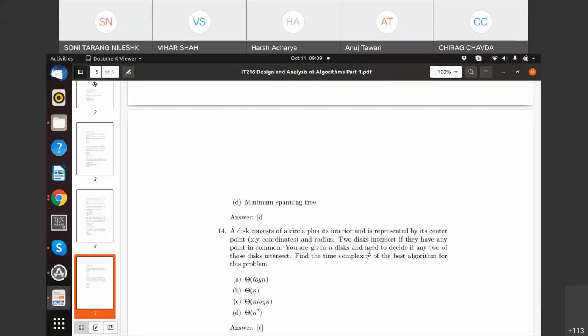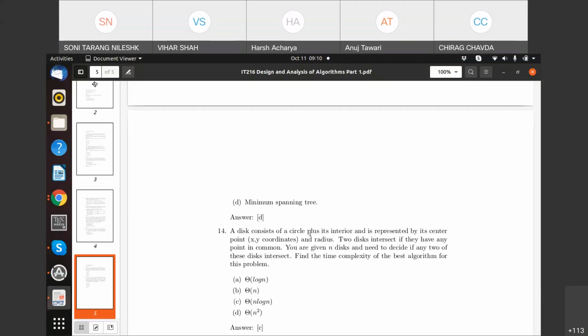You can use some kind of divide and conquer. So what we'll do is we'll find some vertical line such that half of the disks are to the left side of that line and half of the disks are to the right side of that line. So we'll find the leftmost point and the rightmost point of these circles.